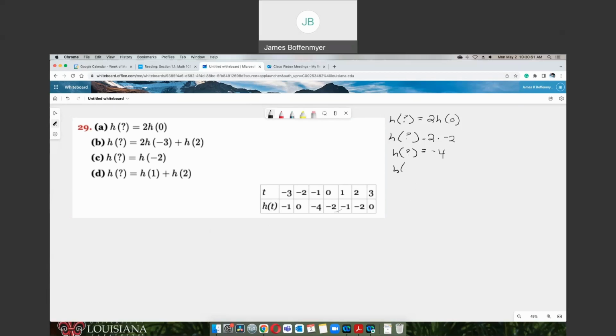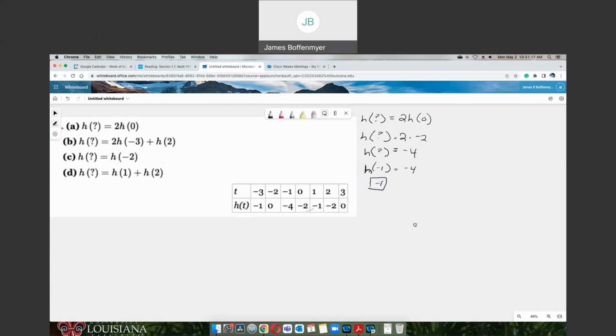So h of -1 equals -4. Our final answer, what we were missing, was that -1. It is a process. It can be a little lengthy, but it is a process.